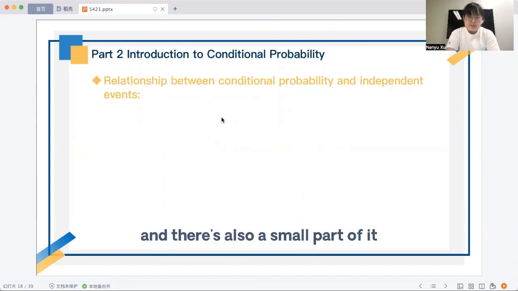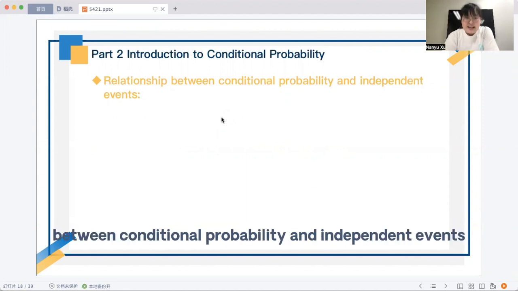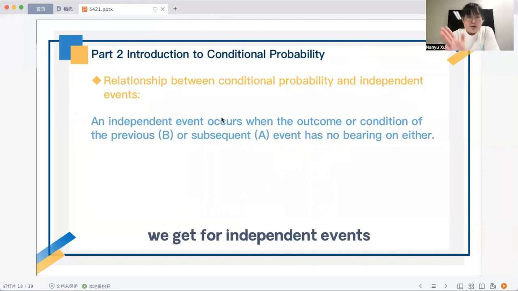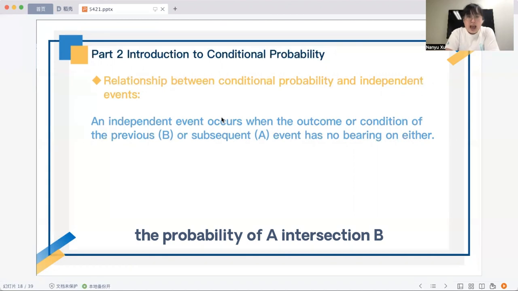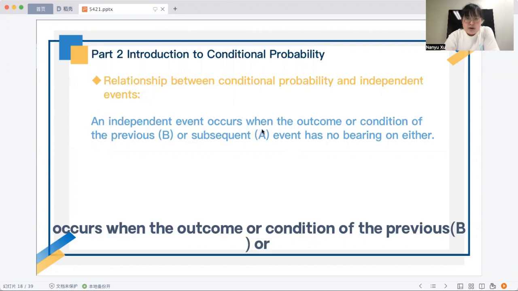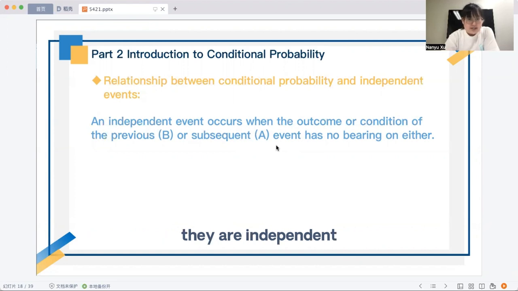And there's also a small part on the relationship between conditional probability and independent events. From previous, we get for independent events, the probability of A intersection B equals the probability of A multiplied by the probability of B. An independent event occurs when the outcome or condition of the previous event B or subsequent event A has no bearing on the other. They are independent.